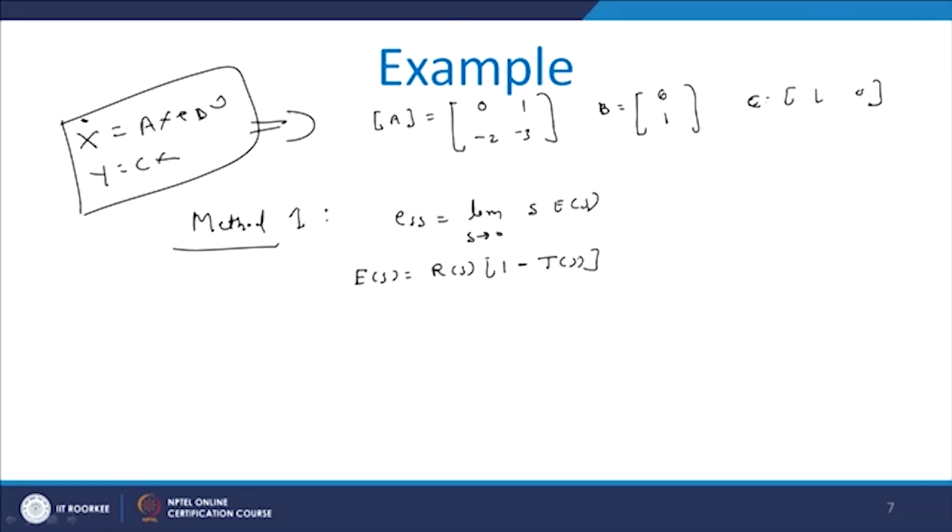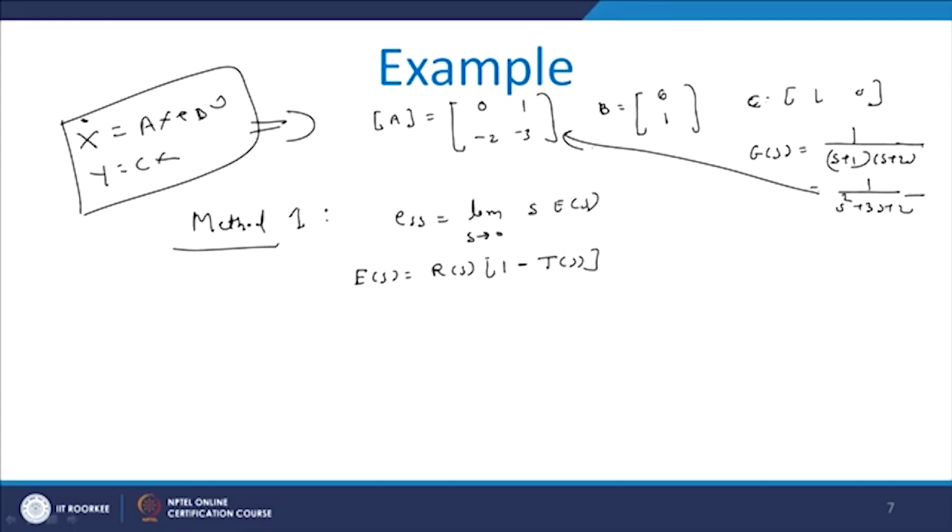Now, this is the plant A, B, C, D. Assume that this plant is in open loop form, that is we have G(s) equal to 1 upon (s + 1)(s + 2), that is equal to 1 upon s^2 + 3s + 2, and therefore, this is the particular model.